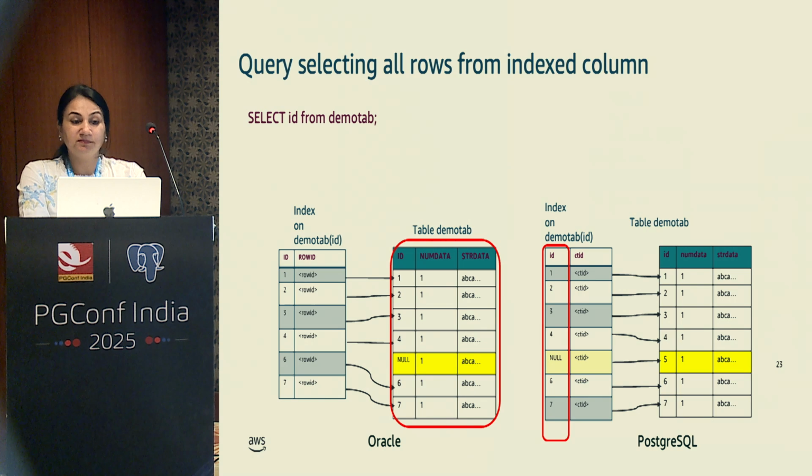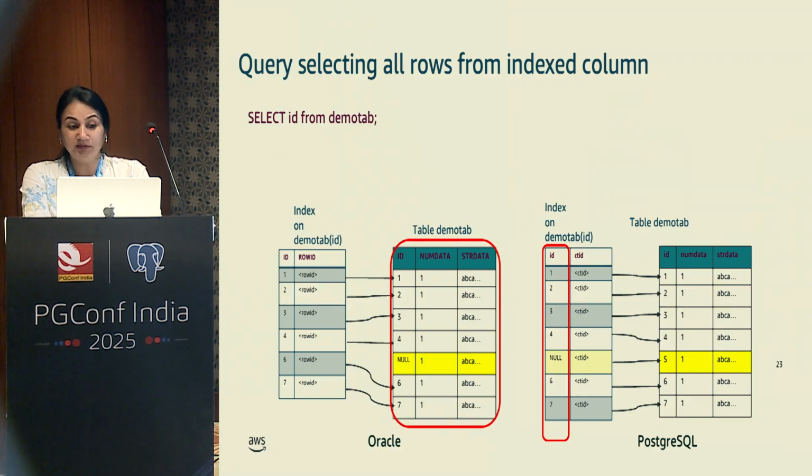Then we run select all ID from the demo tab. Now in PostgreSQL, as expected, since it knows that all the values of ID are in the index, it is fetching these values from the index itself. But it's slightly different in case of Oracle, and the reason lies more with the way the values are stored in the index for the table.